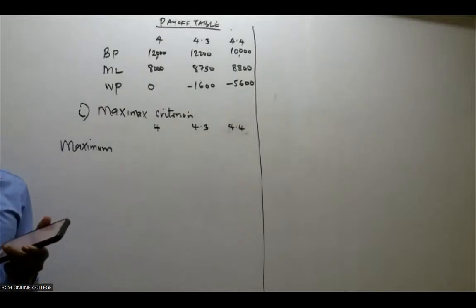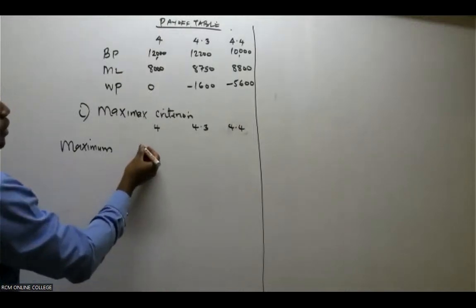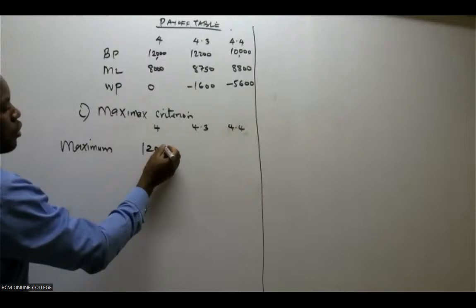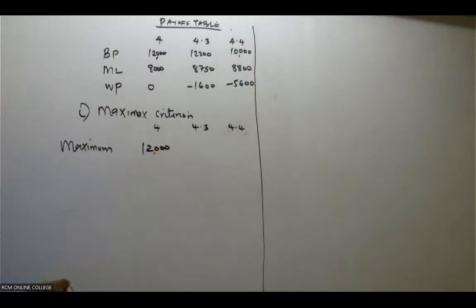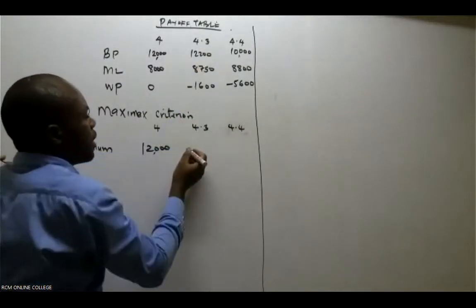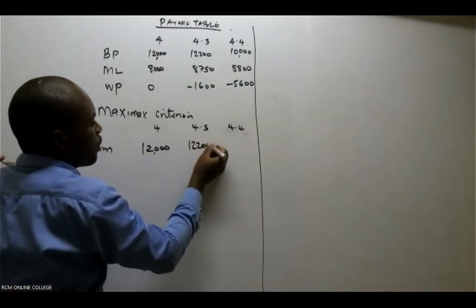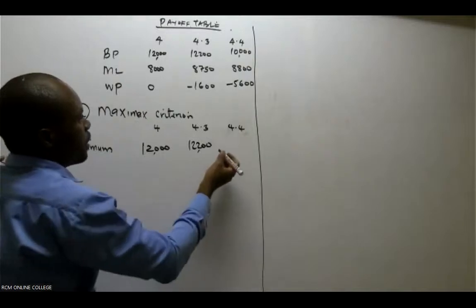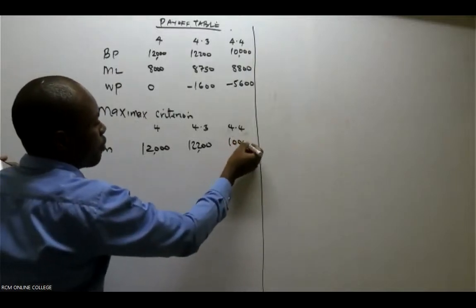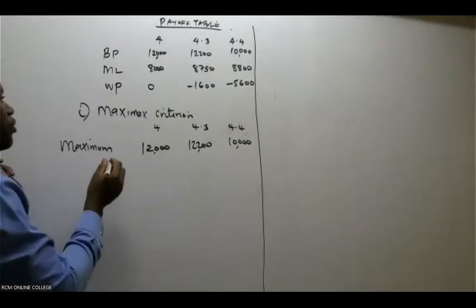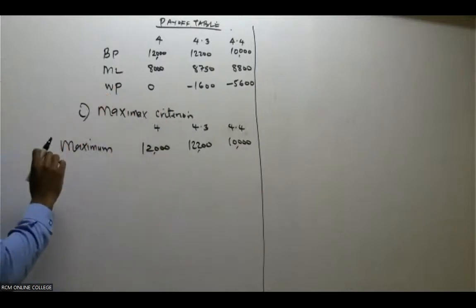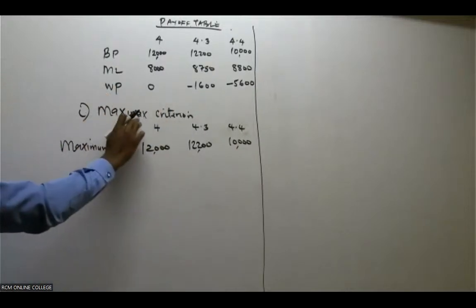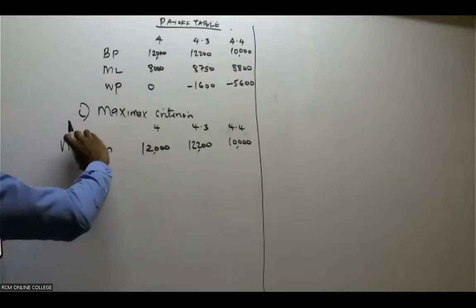The maximum figure there, 12,000, is it? Under 4.3, what is the maximum figure? 12,200. Under 4.4, our maximum figure is basically 10,000. What are we doing? We are doing maximax criterion, and therefore we are looking for the maximum figure of the maximums. Now these are the maximum figures.